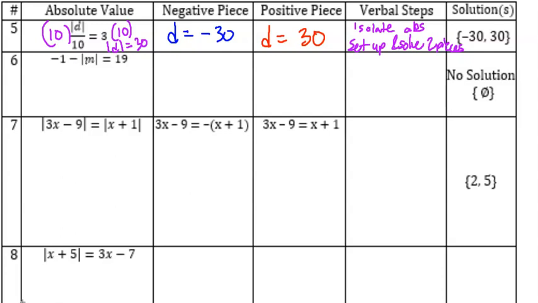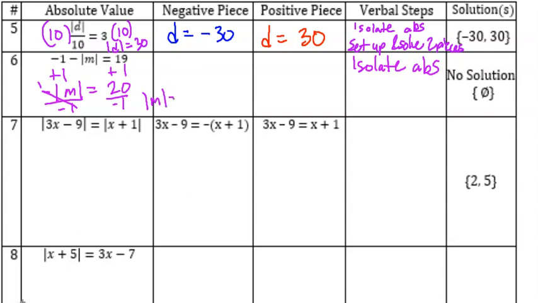Negative 1 minus the absolute value of m equals 19. The first thing you want to do is isolate the absolute value. To do that, we're going to add 1 to each side. We have negative absolute value of m equals 20. Divide each side by negative 1. So we have the absolute value of m equals negative 20.